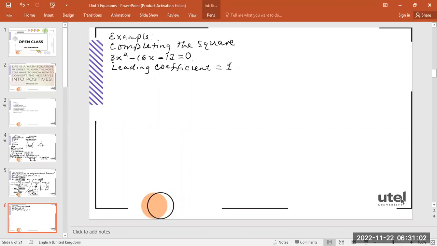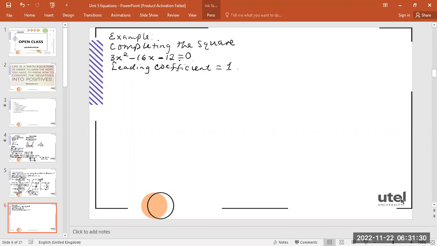The leading coefficient in this case is the number that is attached to x squared. You can see here we have 3x squared, but you have to make sure that what is in front of x squared is 1. And I'm going to show you how to do that. The second thing is that you have to make sure that you only leave the terms that contain the variable x on the left-hand side. It then means that this minus 12 will have to be taken to the right-hand side.